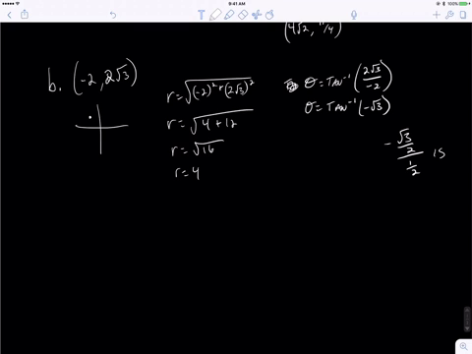Root 3 over 2 is the longer side, so the sine has to be longer, so that's like pi over 3, and since it's a negative, that's actually going to be 2 pi over 3, because that would make my x negative but my y positive, or it's going to be 5 pi over 3.